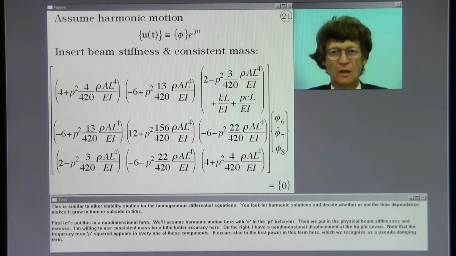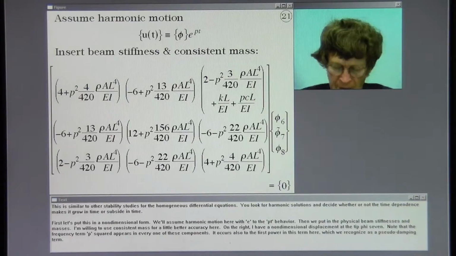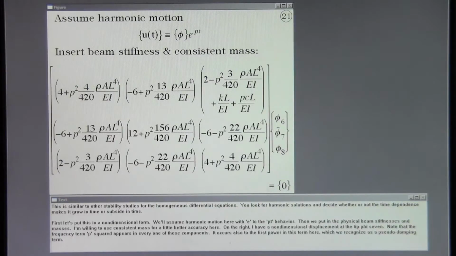This is similar to other stability studies for the homogeneous differential equations. You look for harmonic solutions and decide whether or not the time dependence makes it grow in time or subside in time. First, let's put this in a non-dimensional form.